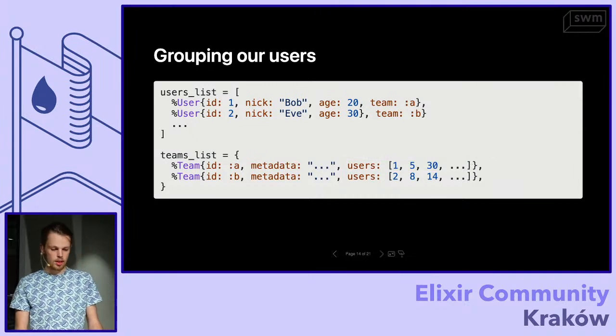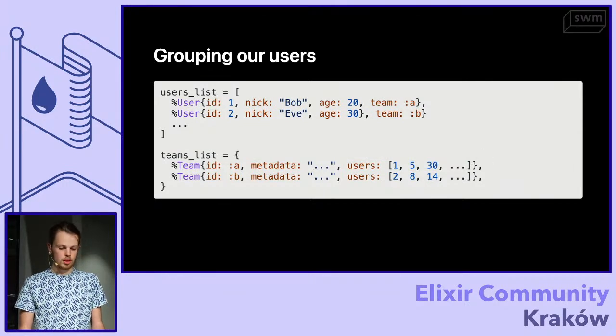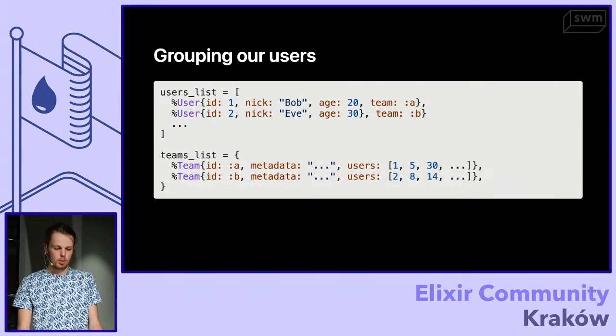And that structure is for a reason, because we want to quickly know which users are in the team. And we also want to quickly and easily know what is the team that a user belongs to, given a user. With that structure, we can do that simply and quickly.